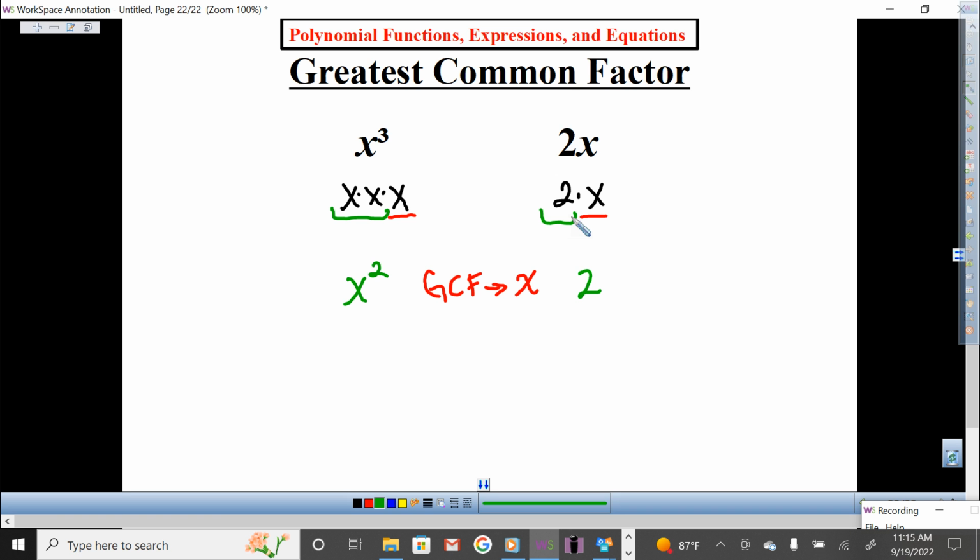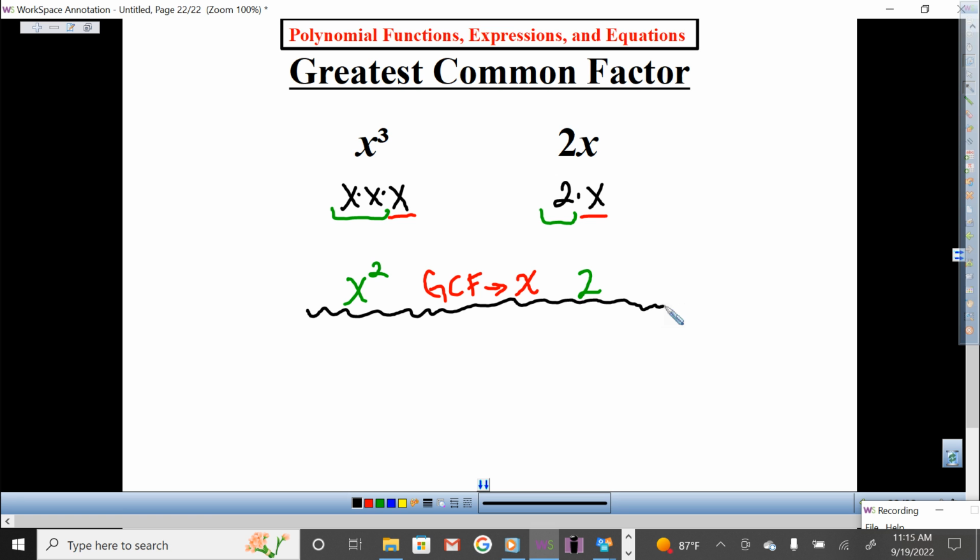Now, for some of you, are like, Mr. Q, I think I remember this stuff. Yes, I know. This is kind of like a review in a sense. Once again, I'm trying to break it down as much as I can.